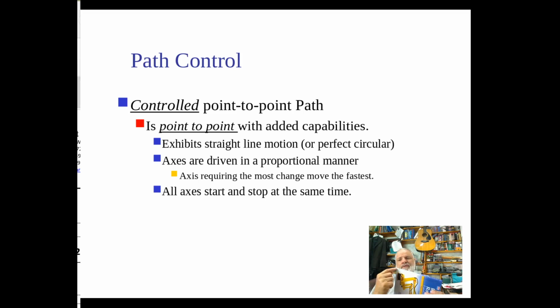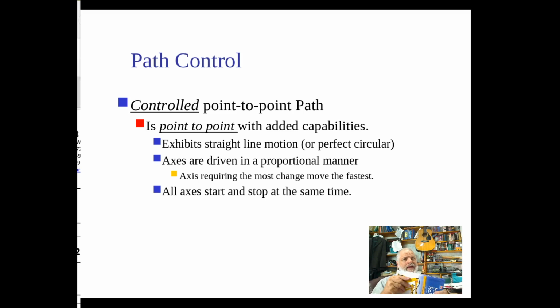So the original natural point to point that I was talking about is just that: take a book or a ruler or whatever, put the tip of your finger on one edge, and move it to the other edge, and you're going to notice that, without thinking about it, your arm's going to go that way. And if you try to move it faster, your arm's going to move a different path.